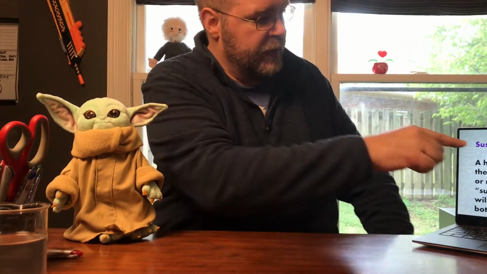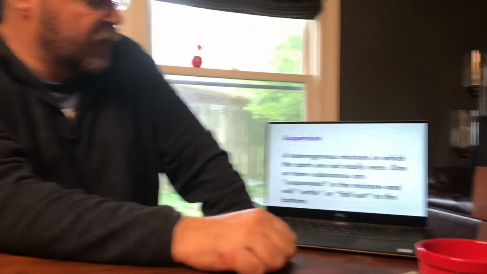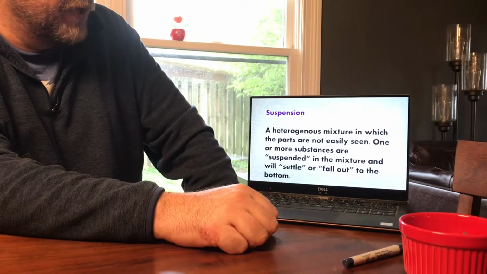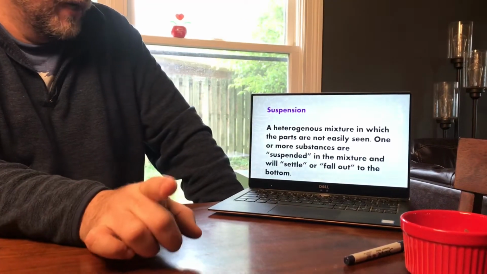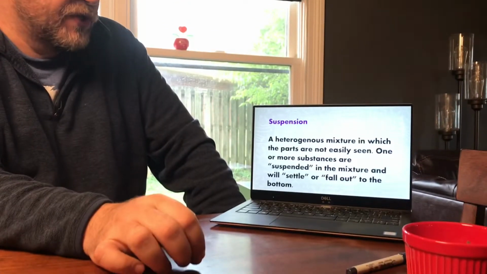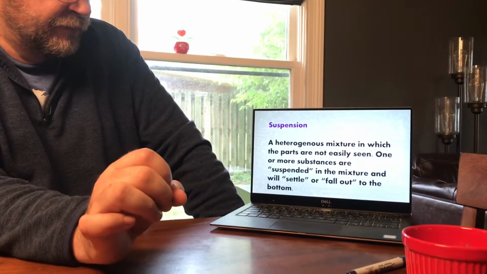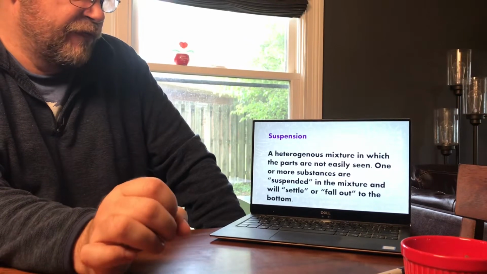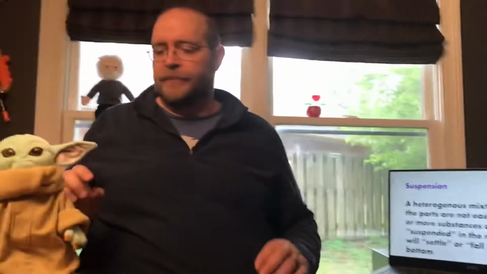That is what a suspension is. It's a heterogeneous mixture in which the parts are not easily seen. One or more substances are suspended in the mixture and will settle or fall out. This is cool.